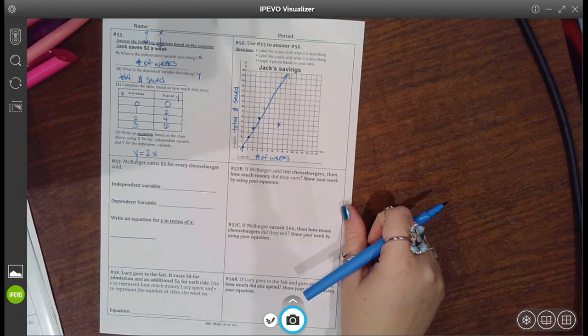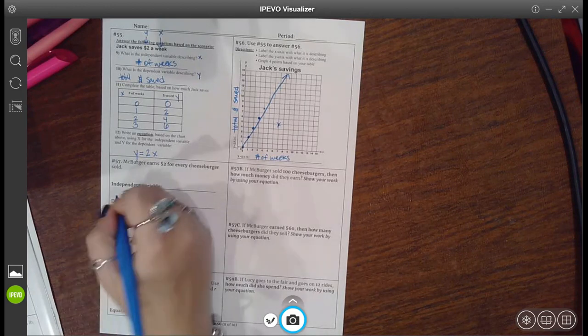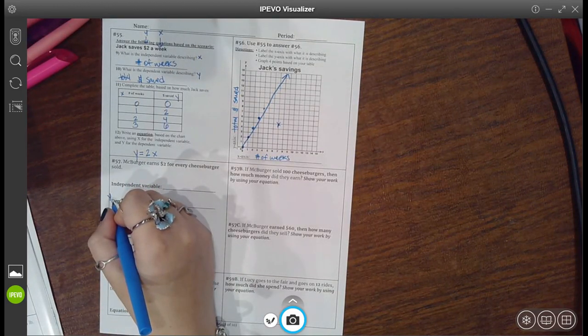Okay, the next one says, McBurger earns $2 for every cheeseburger sold. What's the independent and what's the dependent? Well, why did I get that answer?